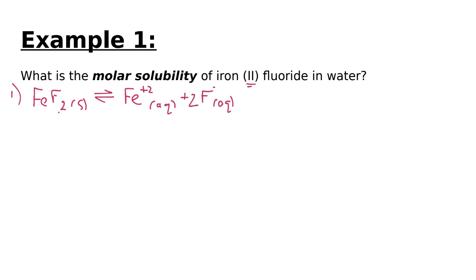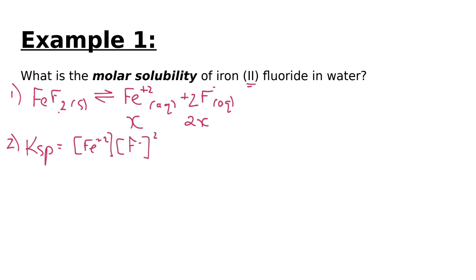When this happens, we know that whatever amount of iron ion gets dissolved, twice the amount of fluoride ion will also dissolve. So we set up our Ksp expression, and we equate that to the concentration of iron ion at equilibrium times the concentration of fluoride ion at equilibrium squared.